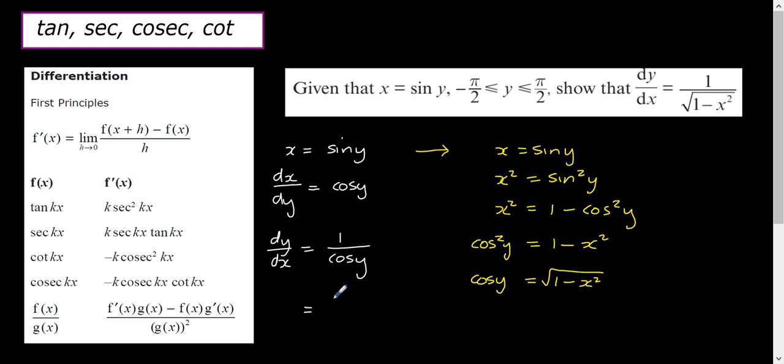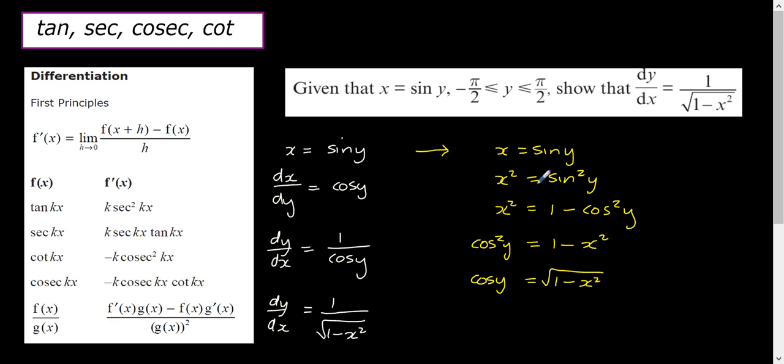And so at this stage, I can just put that back in and say we've got 1 over the square root of 1 minus x squared. Now you have to show all that work in order to get the full marks for that question. But when I said earlier, this was ringing some bells for me. Whenever I see the square root of 1 minus x squared, because I've done these questions so many times, my brain is trained to think sine squared plus cos squared is 1.